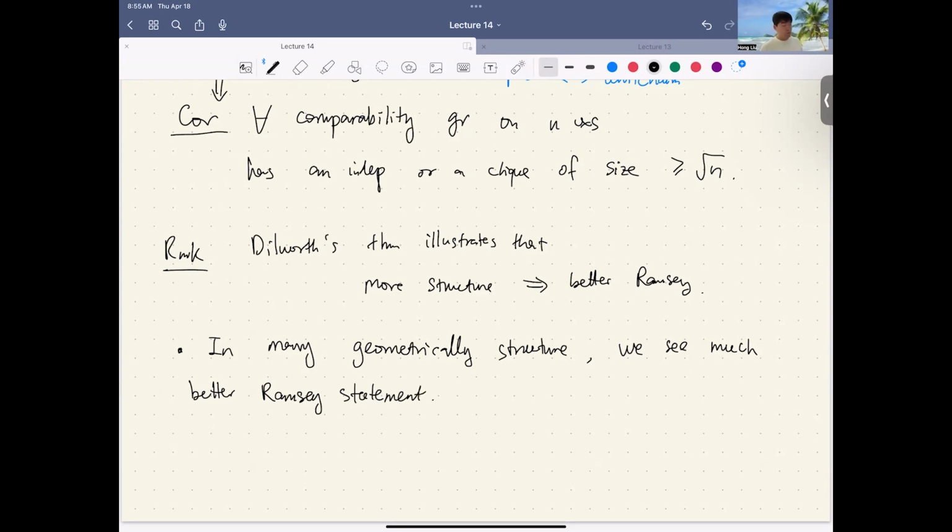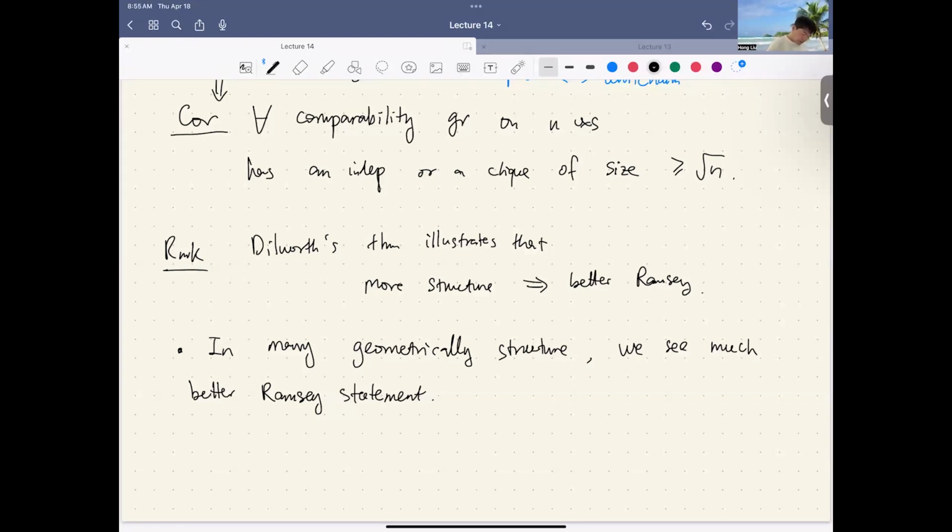And for some of them, the reason is that for this geometric structure, we can associate some poset to it. And because posets have better Ramsey statements, the original geometric structure has better statements.